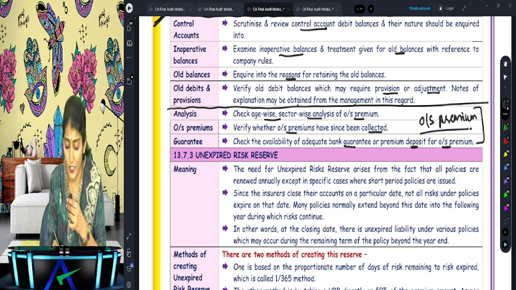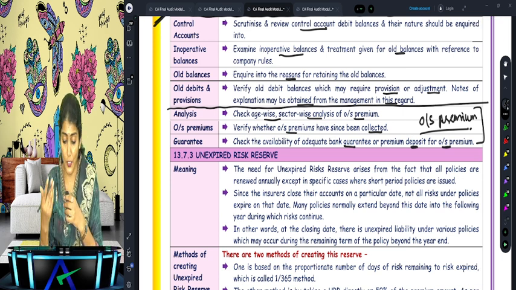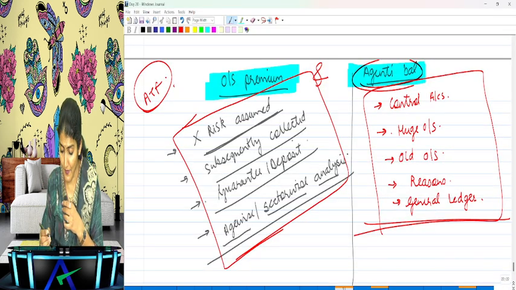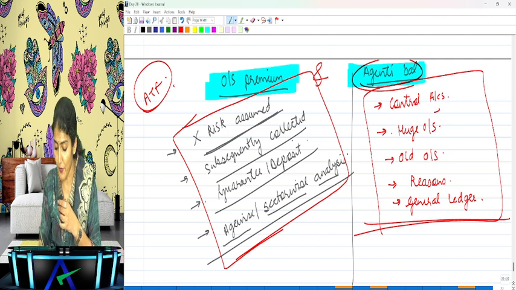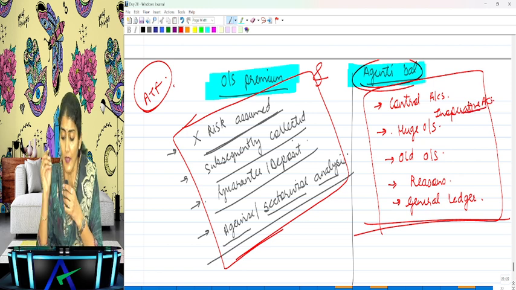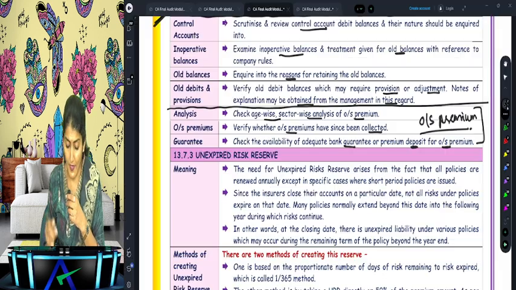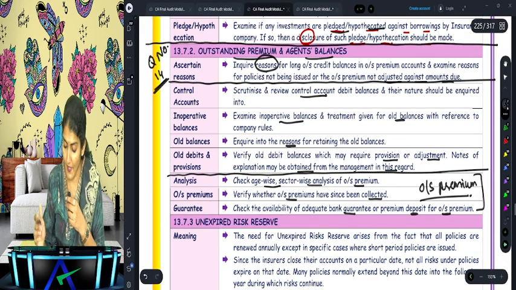Notes of explanation may be obtained from the management in this regard. Right, so old outstanding, huge outstanding, inoperative balances. Again, you can obtain the reasons from the management in this regard. So this is the question regarding the outstanding premium and the agent's balances.